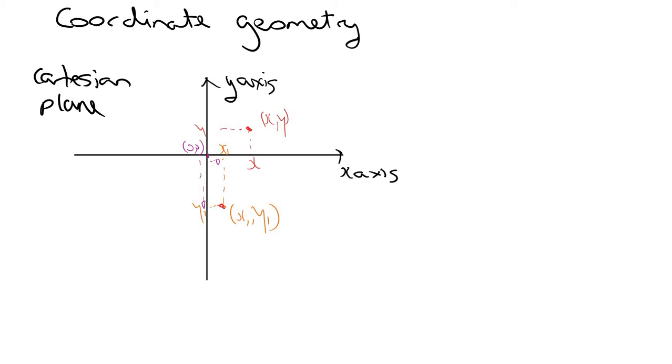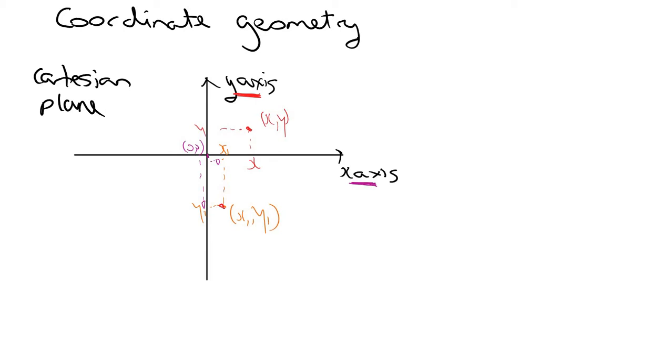So what we know so far about coordinate geometry is that it deals with points on what's known as a Cartesian plane. Don't worry too much about that. It just basically means we have a two-dimensional axis, one of which is horizontal, which is this x-axis, and one of which is vertical, which is this y-axis, and along the x and y axes we can create certain points, and from those points we could work out the relationship between them.